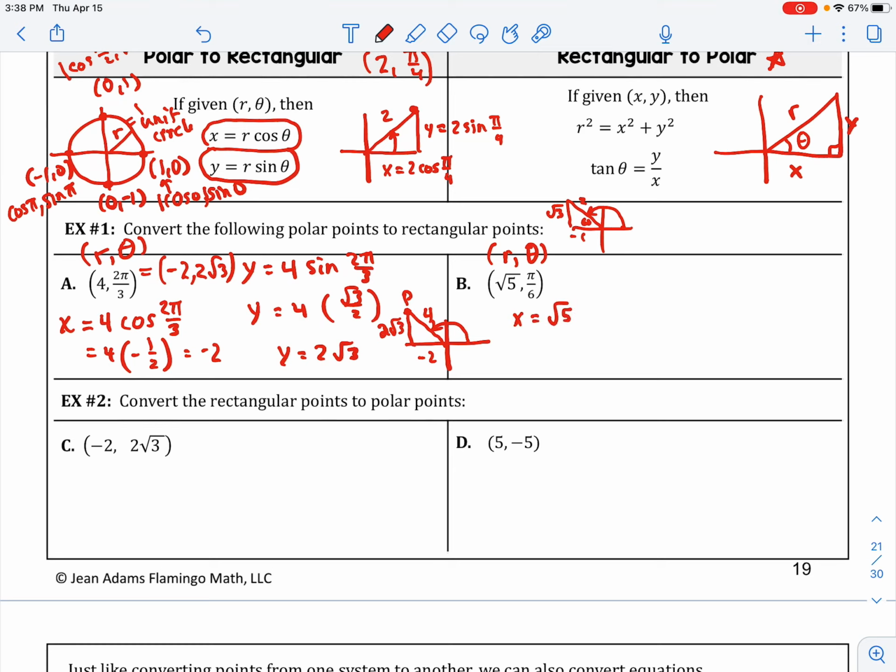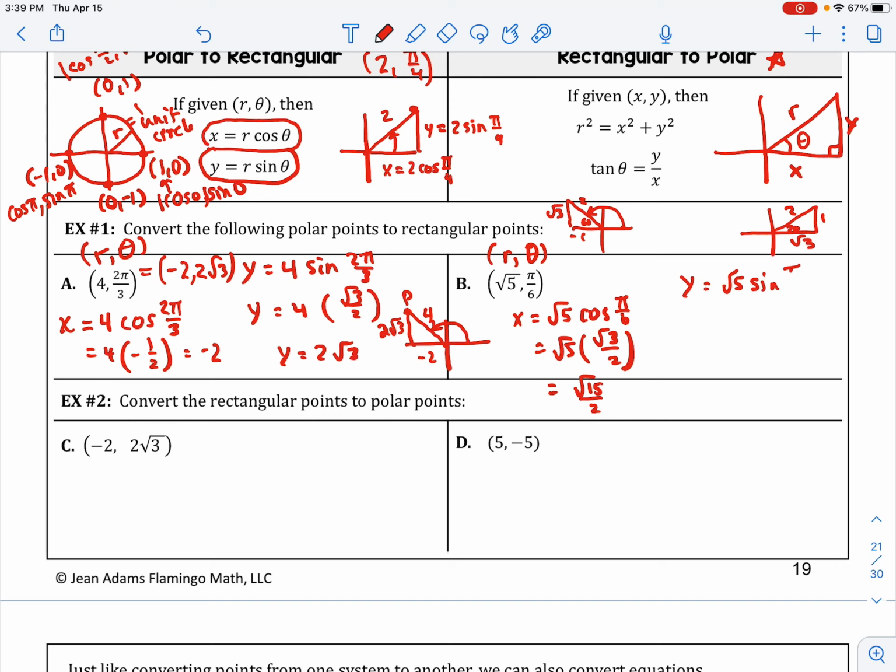Again, we have our x equal to our r times the cosine of pi over 6. And so for pi over 6, we know that's a 30-degree angle. This is a 1, square root of 3 and 2. So this becomes the square root of 5 times our cosine, which would be square root of 3 over 2. And so that gives me square root of 15 over 2.